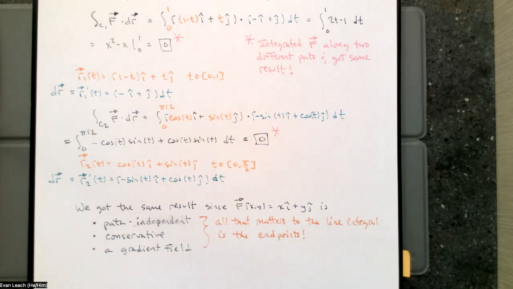It is a gradient field. When we say that the vector field is a gradient field, that means it is the gradient of some scalar function. That the gradient field has a potential function.